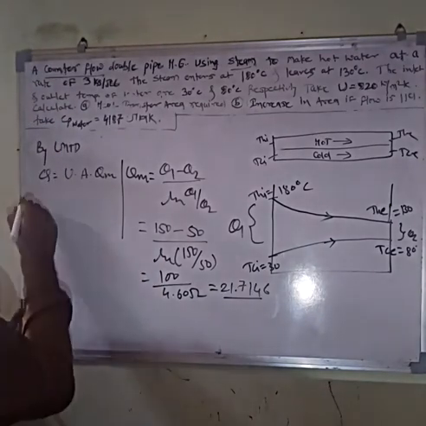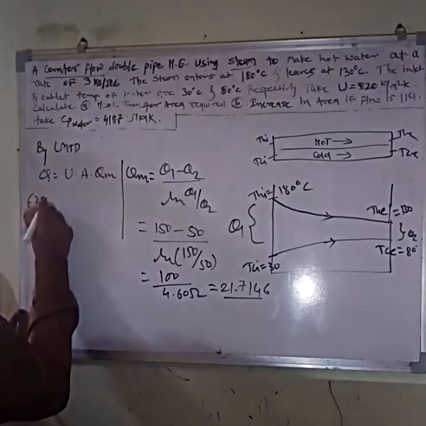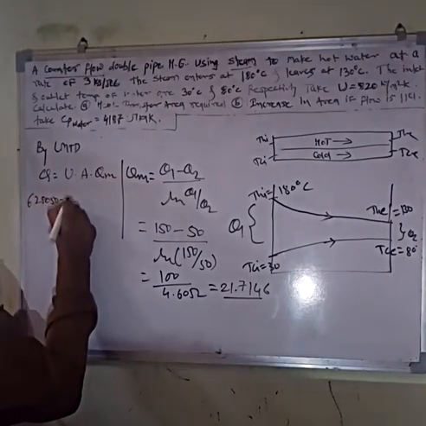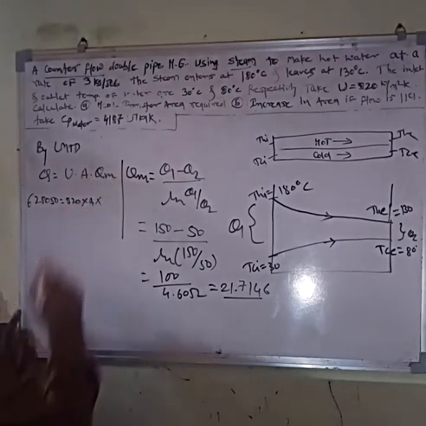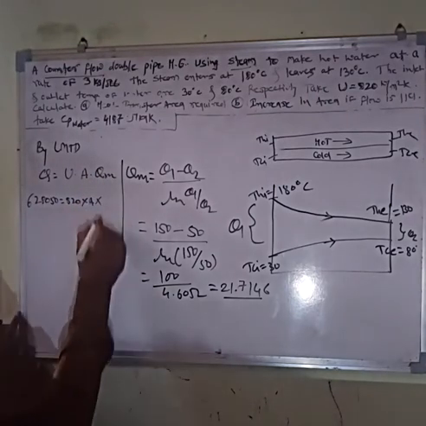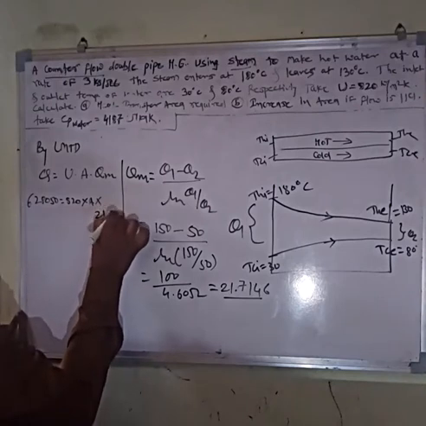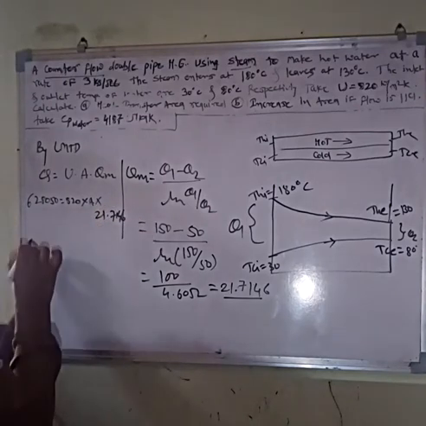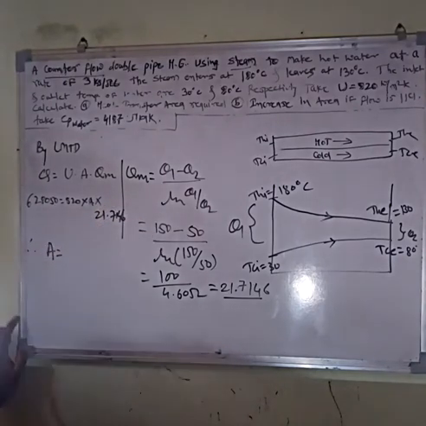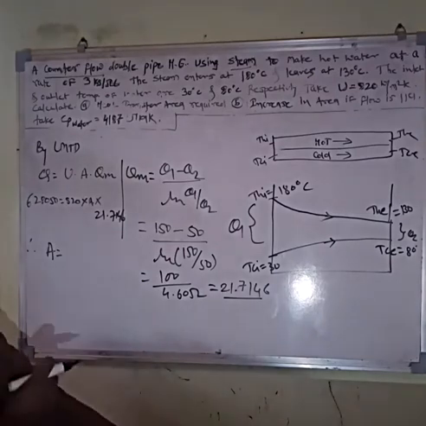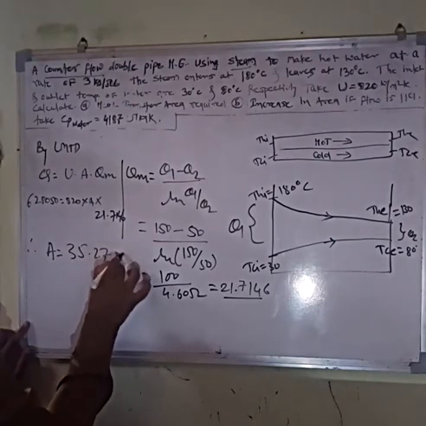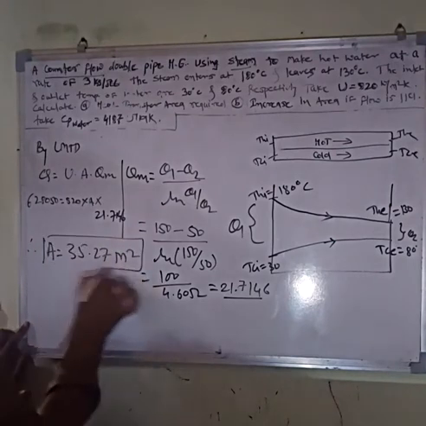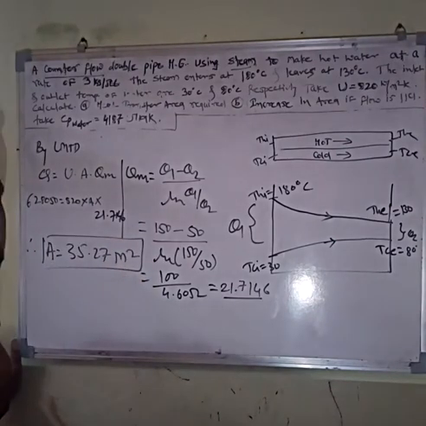We are getting Q, we already have 628050, equals to 820 multiplied by area multiplied by theta m. Theta m value is 21.7146. So therefore the area after calculation is 35.27 meters square.